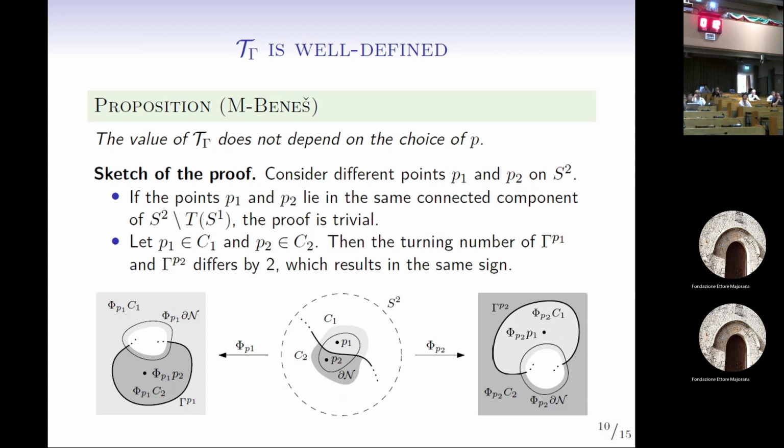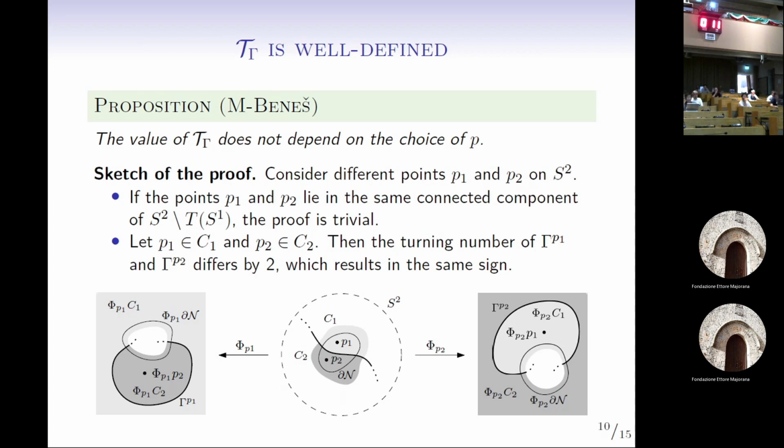But let's look at the case where we have two different points in two different connected components next to each other. If we first look at the stereographic projection with respect to the point P1, we get the picture on the left. And for the point P2, we get the picture on the right.